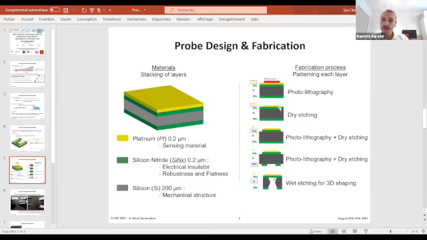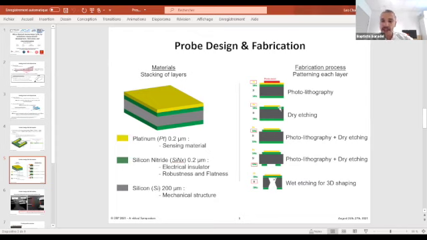To give the probe its final shape, we use microfabrication techniques to pattern the platinum and silicon nitride layers. We use simple photolithography and dry plasma etching.